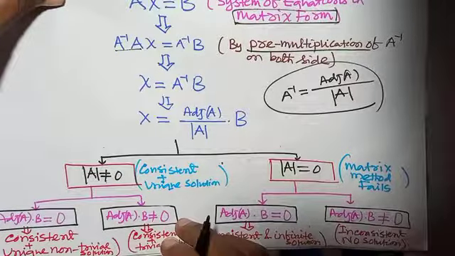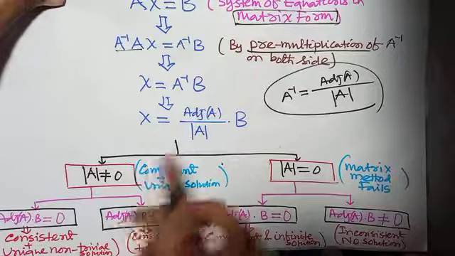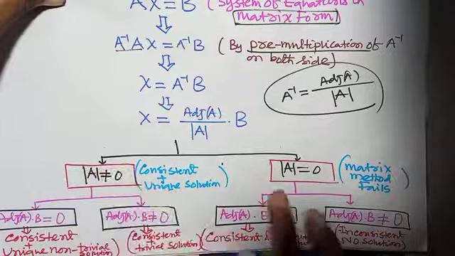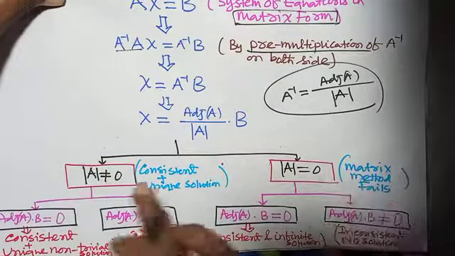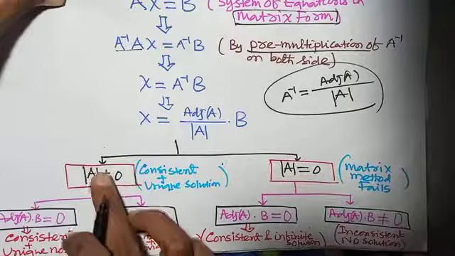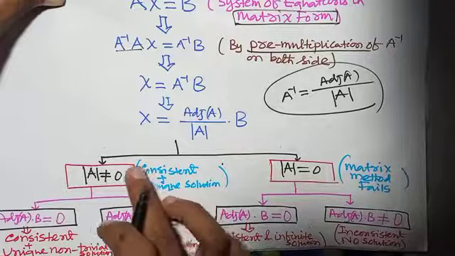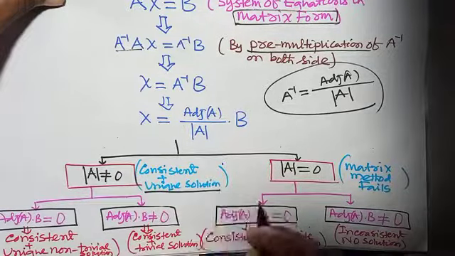Now two cases may arise. Case number 1, the determinant of A is not equal to 0, and case 2, the determinant of A equals 0. When the determinant of A is not equal to 0, we say the system of equations is consistent, and in this case there is a unique solution.